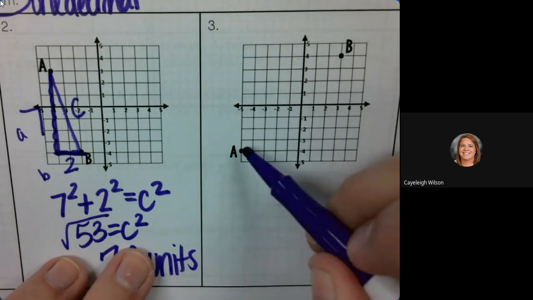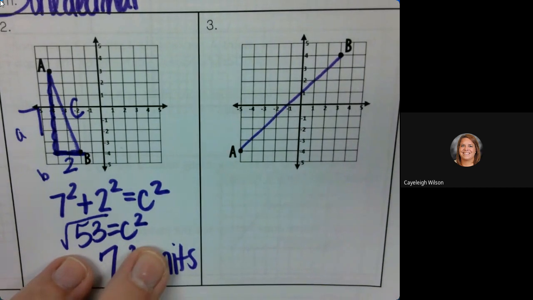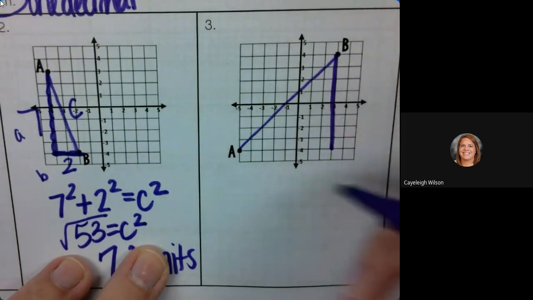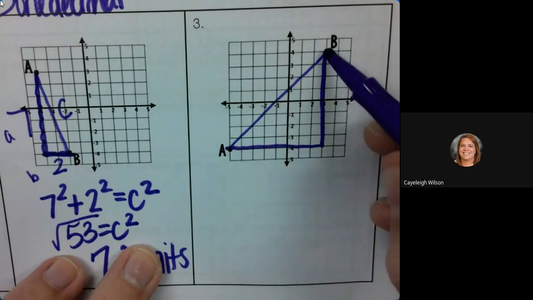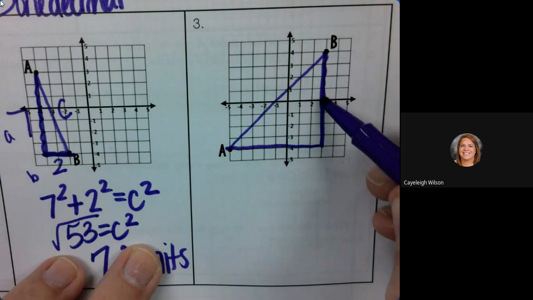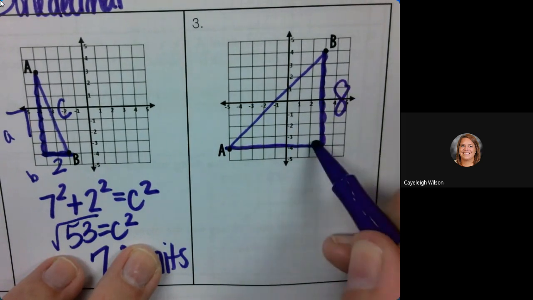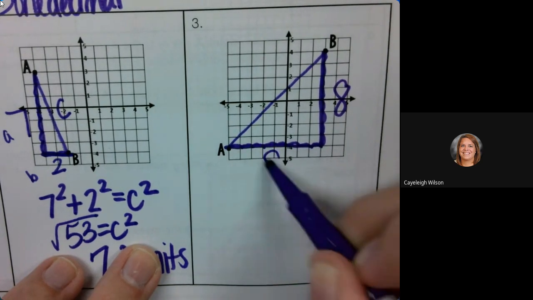All right, guys, so you should have connected A to B. And then I'm going to trace that, go down, down, down, down, down, over, over, over, over, over, and count. So that's 1, 2, 3, 4, 5, 6, 7, 8. This one's 1, 2, 3, 4, 5, 6, 7, 8.